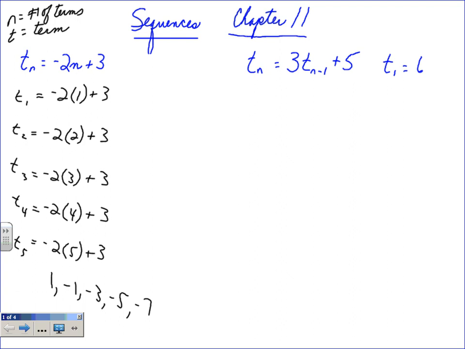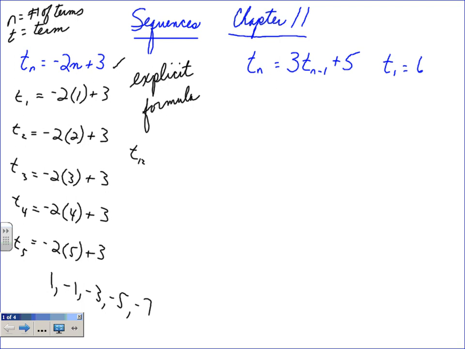The formula given here in blue, there's a name for it. It is called an explicit formula. Given an explicit formula, we could find any term. If I wanted to find the 120th term, real easy.